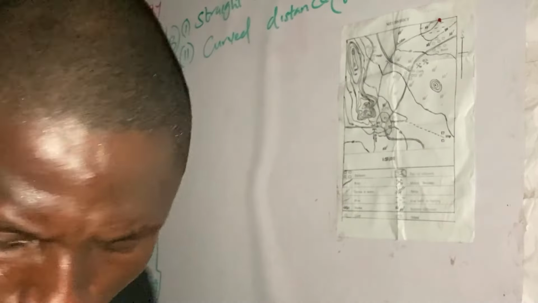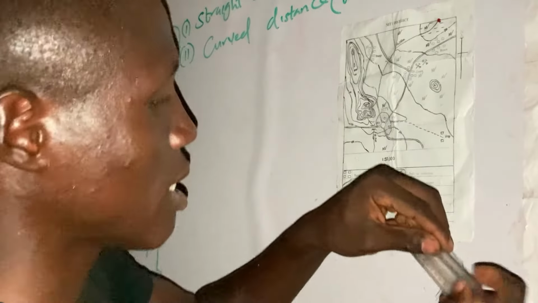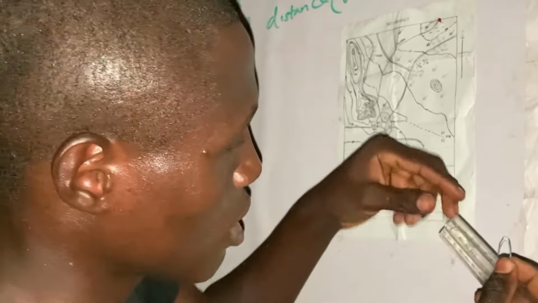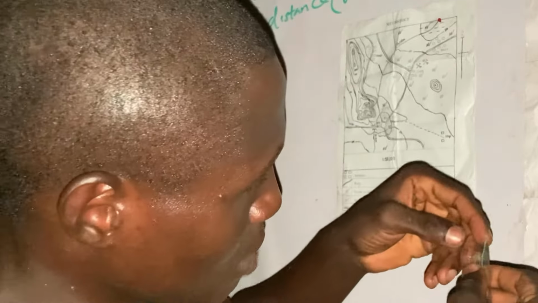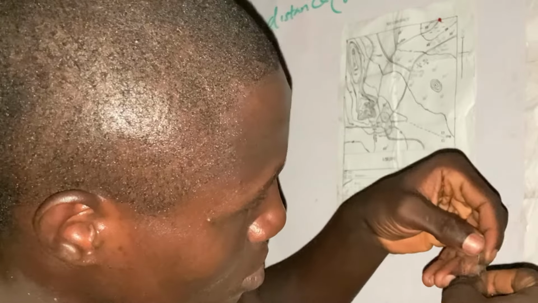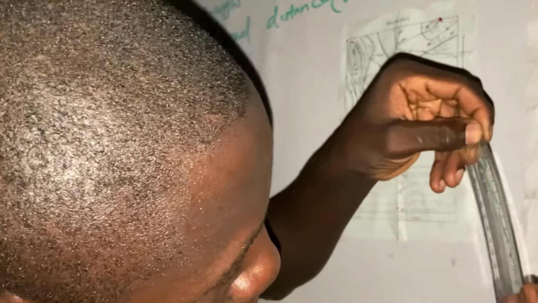So now I will measure this on a meter rule. I will take my meter rule and measure it. Okay, this is my meter rule now, to the marked red point.